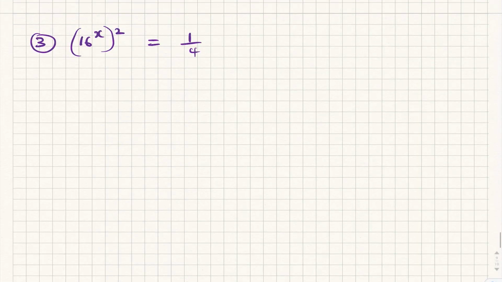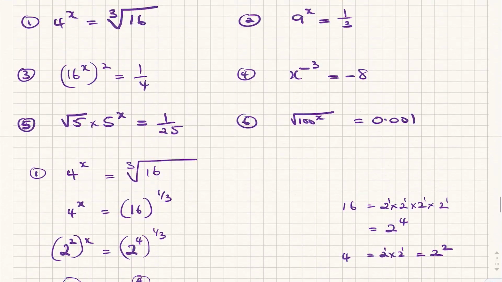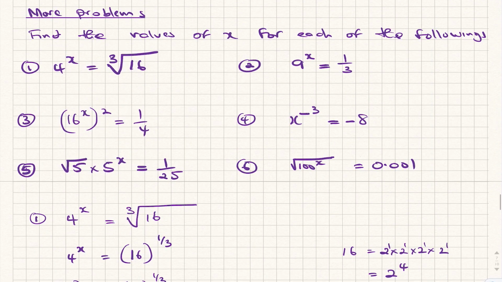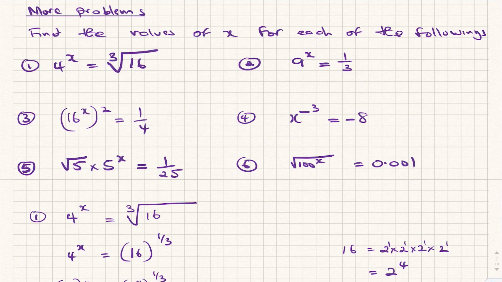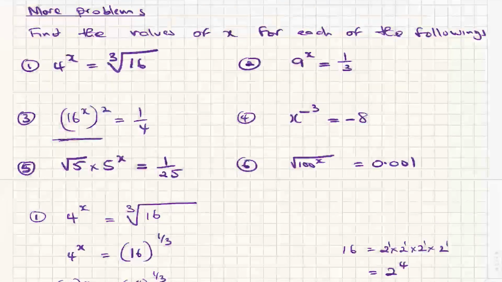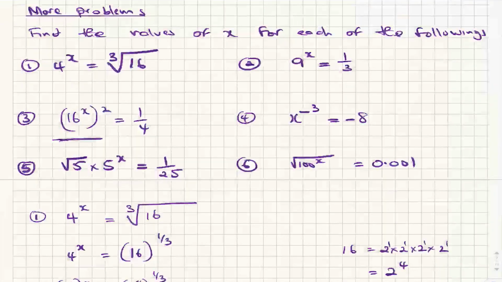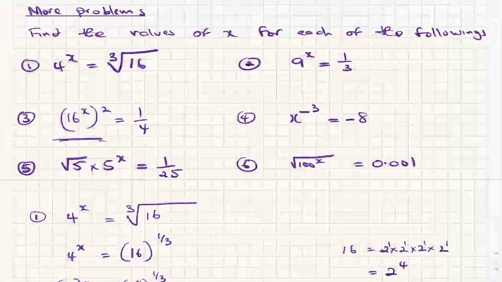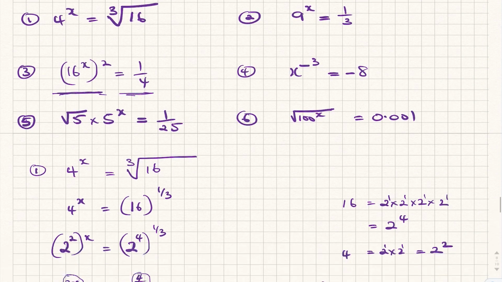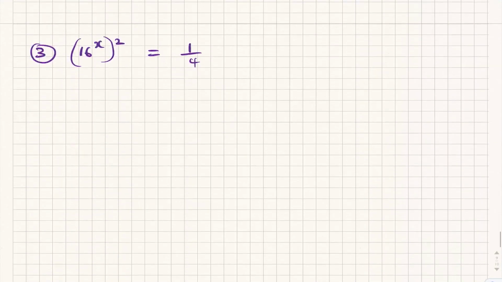Question number 3 from these examples exercise. More problems. Question number 3 is 16 to the power of x all squared equals a quarter. So that's what we've got here in this question number 3.